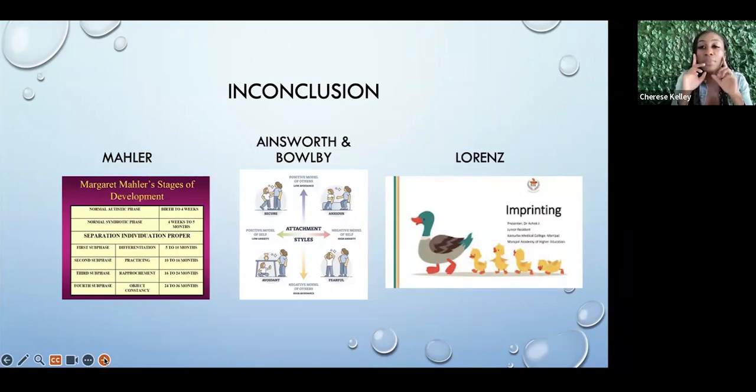But you need to be familiar with her in relation to Ainsworth and Bowlby, the attachment styles, that bonding with the parent, that initial bond to build the secure or insecure attachment. And then Lorenz and the baby ducklings. Remember the baby ducklings for Lorenz. That's your key word. And the imprinting. They're walking and they're following because of the trust that imprinted on them.